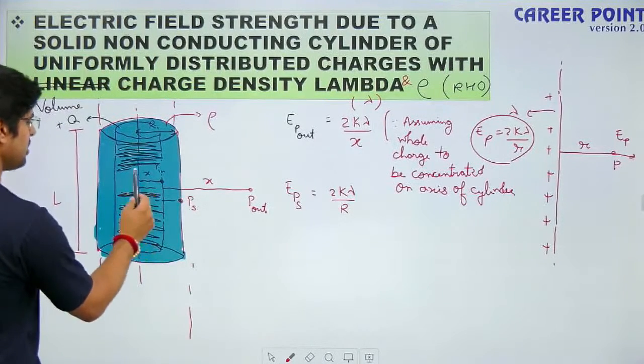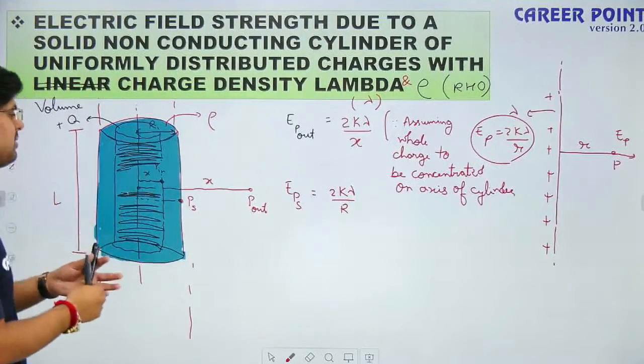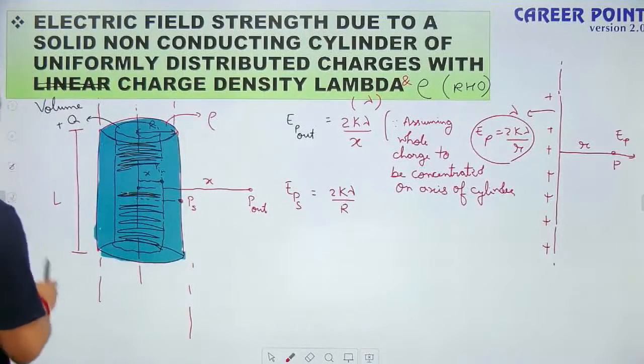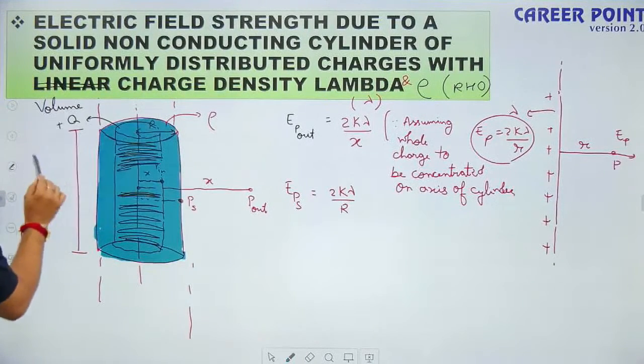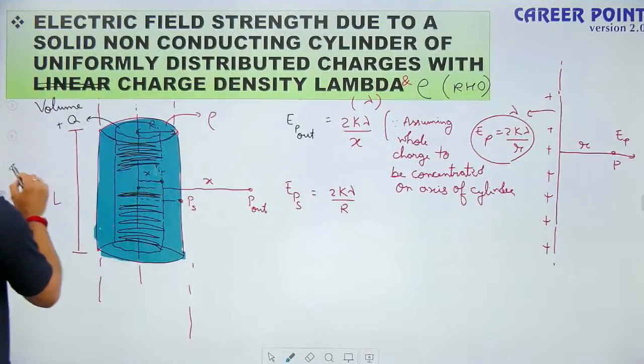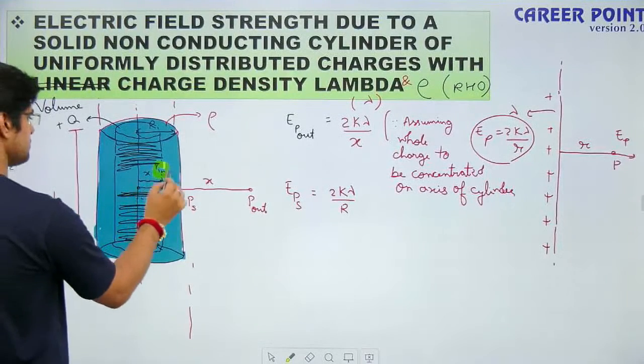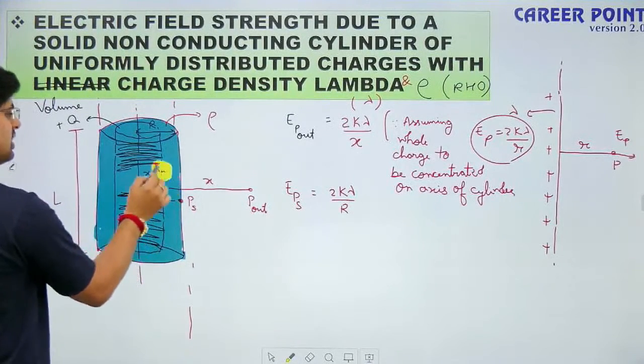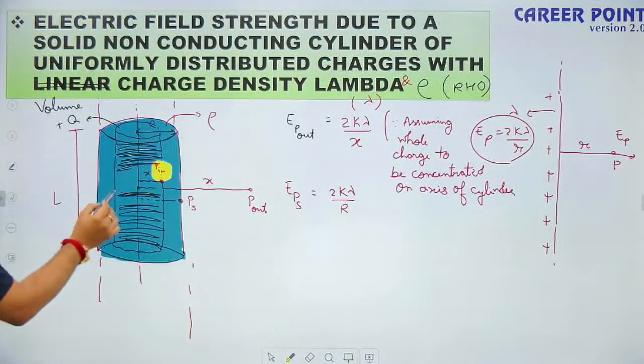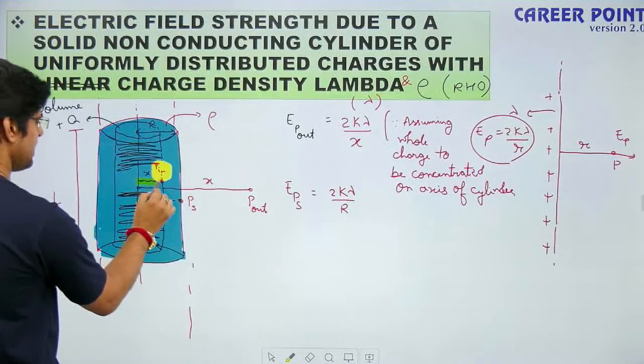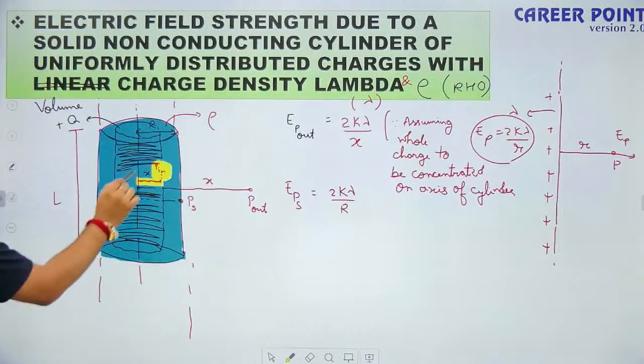If you are not able to see where P inside is, I am highlighting it. P inside is present here, in yellow color, and its distance from the center is x.